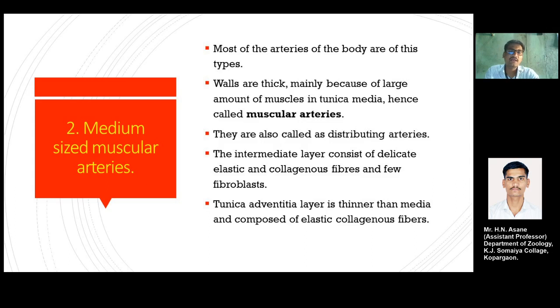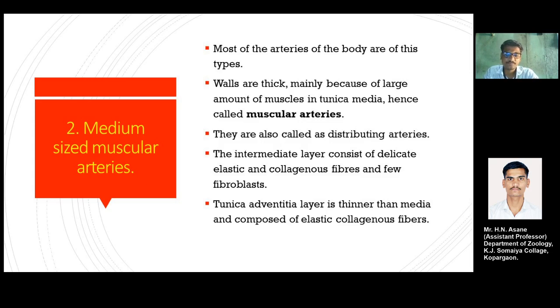The intima layer consists of delicate elastic and collagenous fibers, and a few fibroblast cells are also present in these medium sized muscular arteries. The tunica adventitia layer is thinner than the media layer, and it is composed of elastic collagenous fiber.